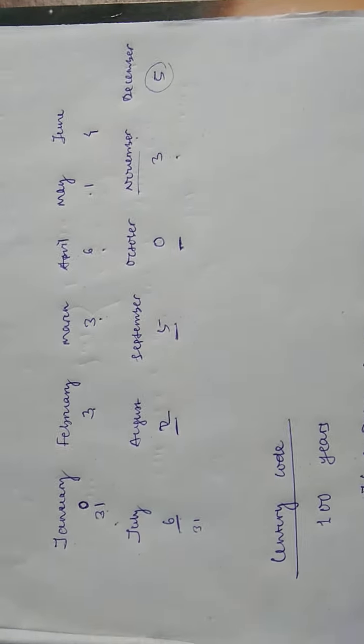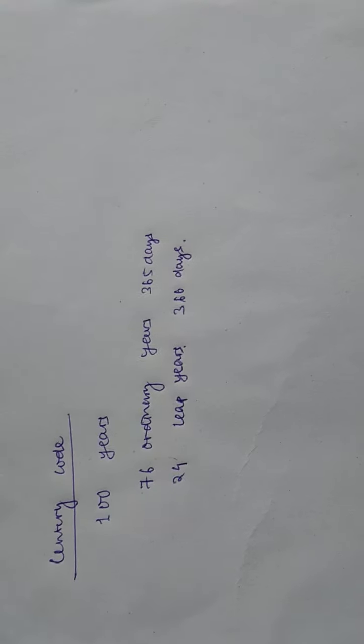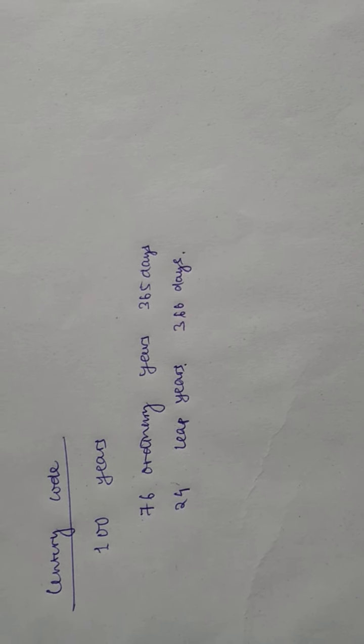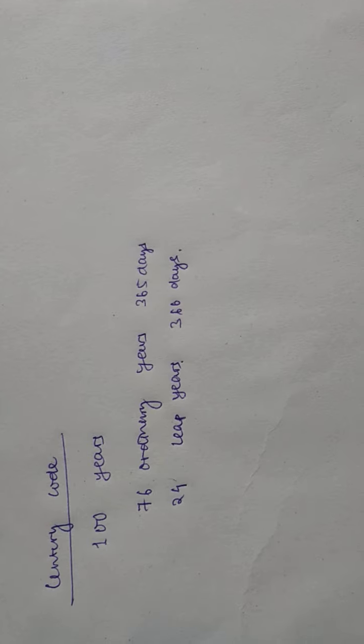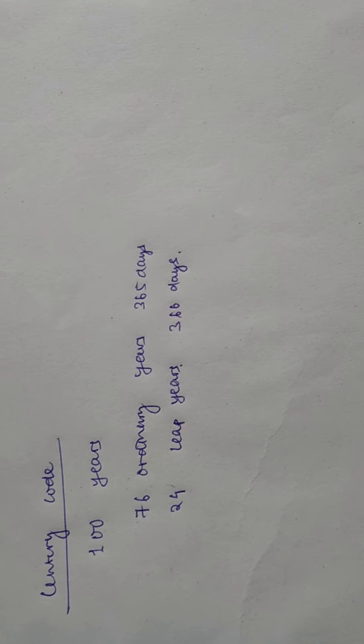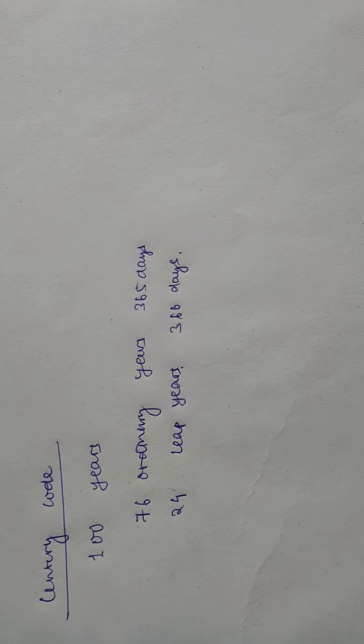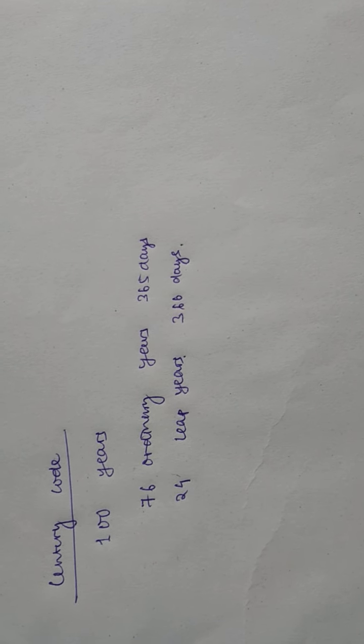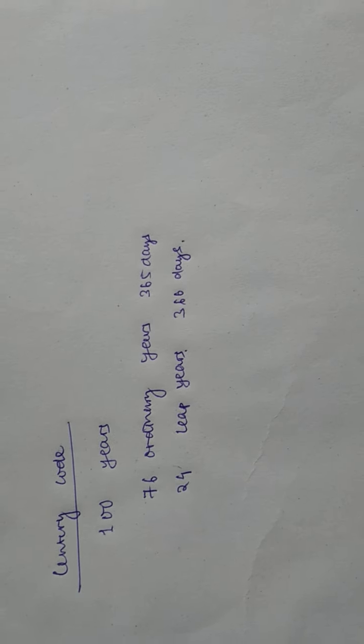So we'll now code centuries. For every 100 years we have 76 ordinary years and 24 leap years, and for every leap year we get 2 odd days. And for 76 years we get only one odd day each year.